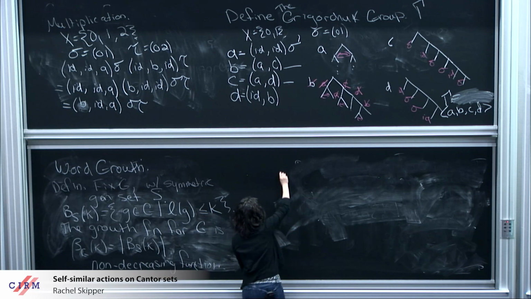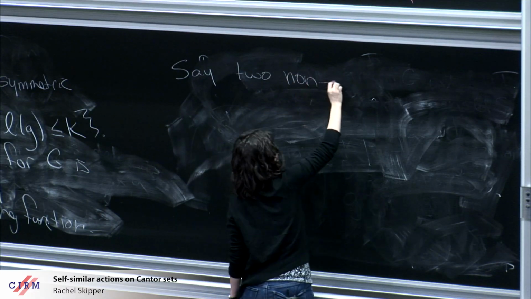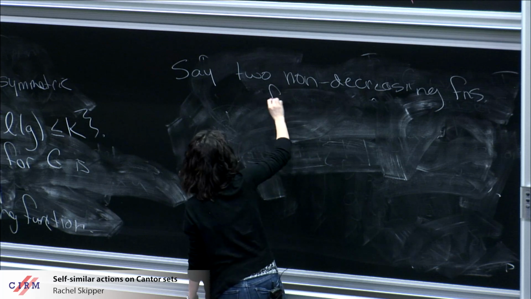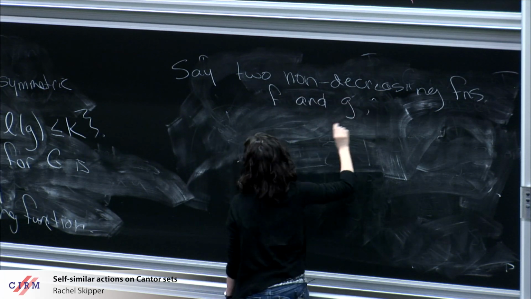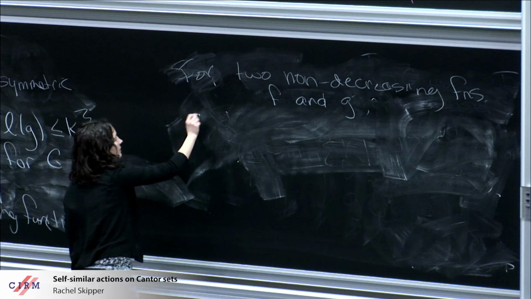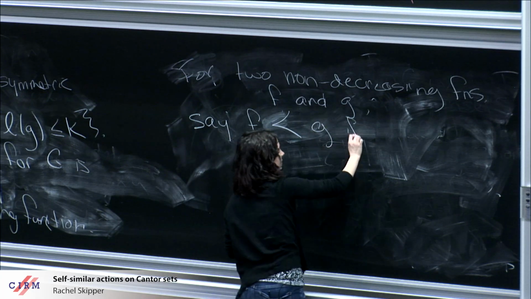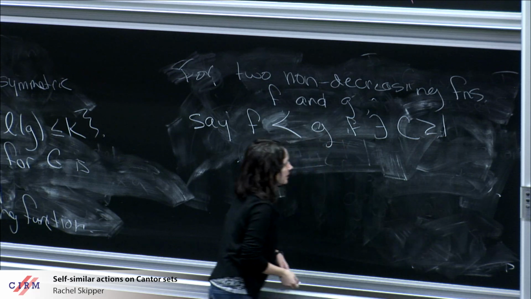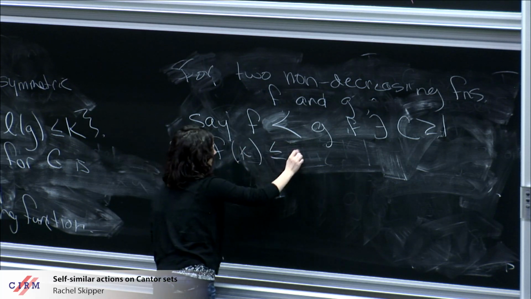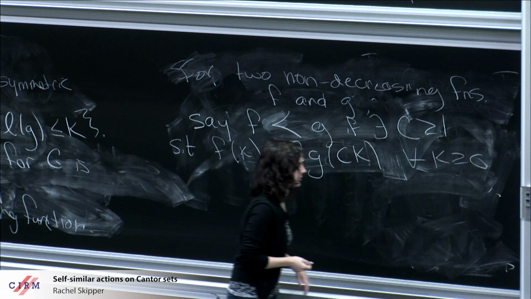All right, so now for two non-decreasing functions f and g, we say that f is asymptotically less than g if there exists a constant c greater than or equal to 1 such that f of k is less than or equal to c g of ck for all k greater than or equal to 0.